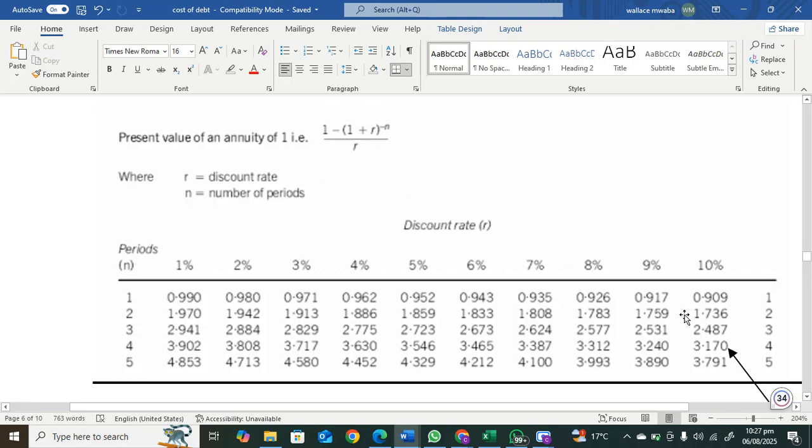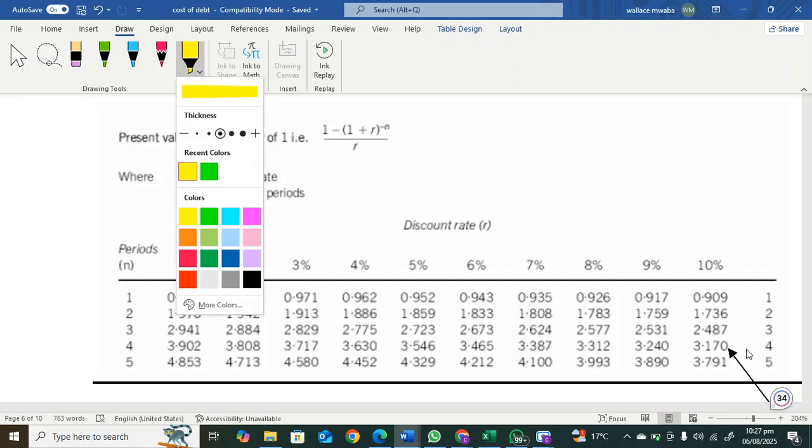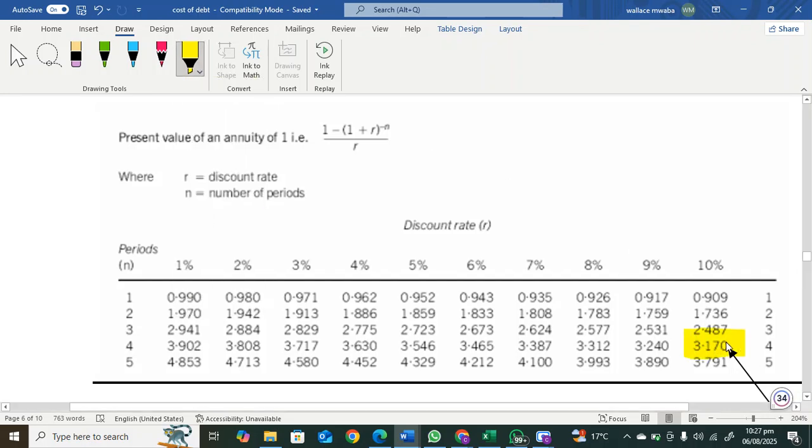So we're going to look for our discount rate, 10%. Then we look for year four, which is on this side here. So our annuity factor is 3.170.